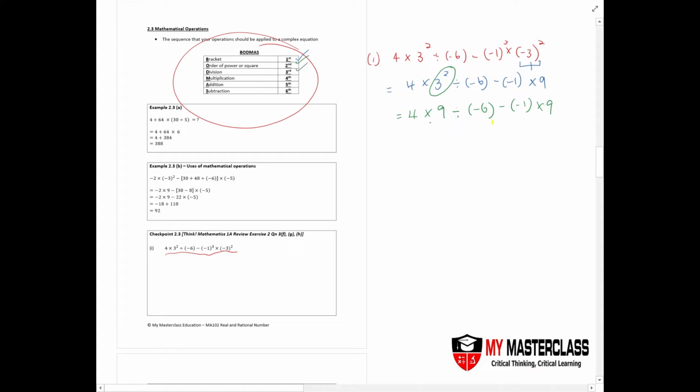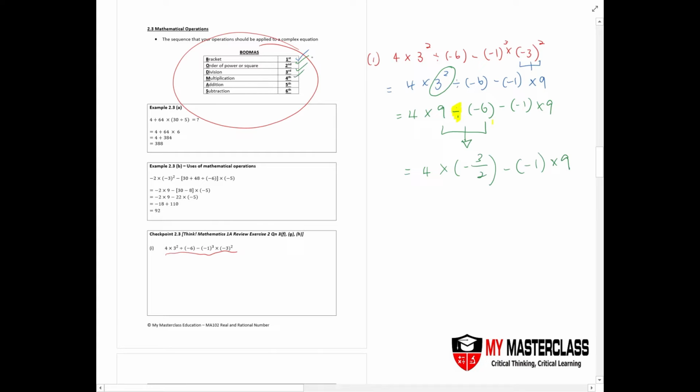So I'll find the division first. We have your divided terms here, which means that I will divide these two terms first. So when I have 9 divided by negative 6, I will have a negative 3 over 2. Then copy down. This is what I'll get.